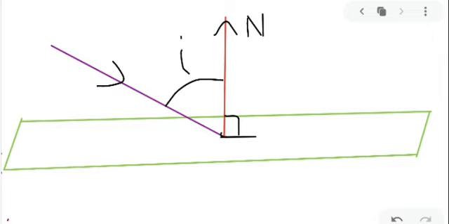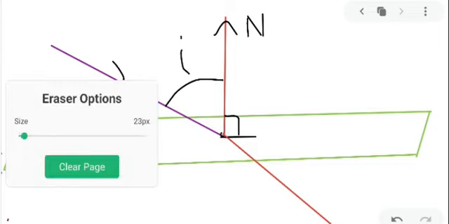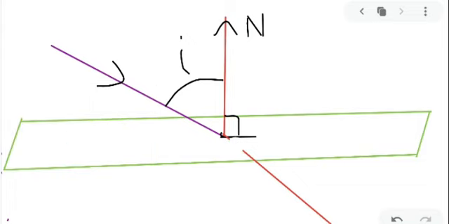This was your incident ray, and this angle is the angle of incidence. Now medium 2 is below this plane of incidence, below the surface. This is the ray which enters the second medium.